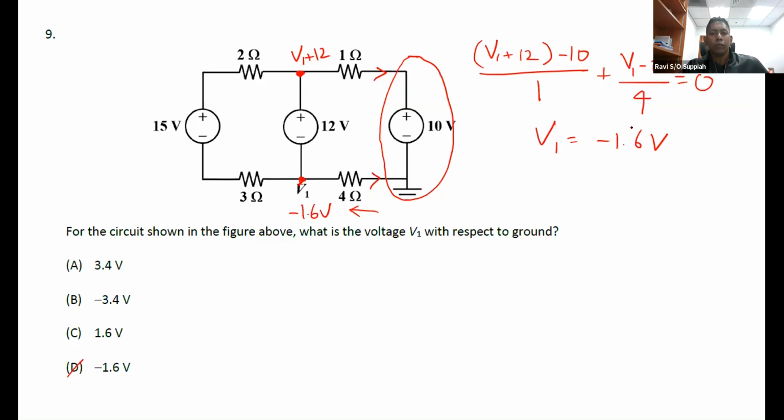If your equations are correct, you should still be able to solve for the unknown voltages. So the supernode is not a compulsory thing you must do every time. Without the supernode, if you can come up with the proper set of equations that can help you solve the unknown voltages that you're looking for, that is also fine.